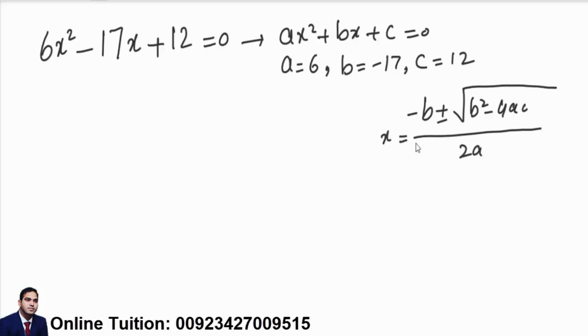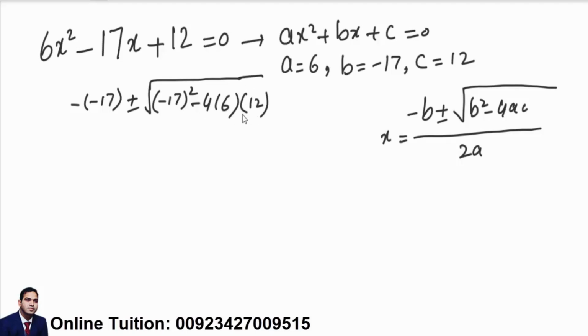So insert the values in the quadratic formula. Negative b means negative negative 17 over here, plus minus square root of square of negative 17, negative 4, a's value is 6 and c's value is 12. Now 2 into a means 6.